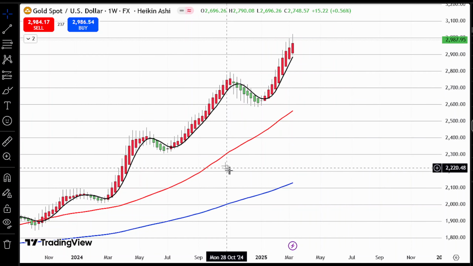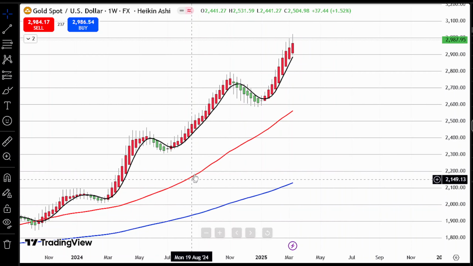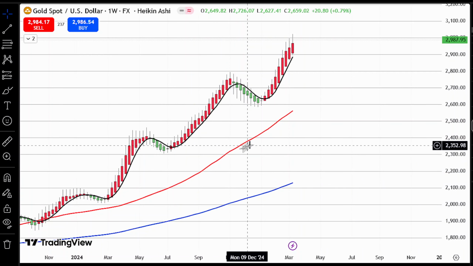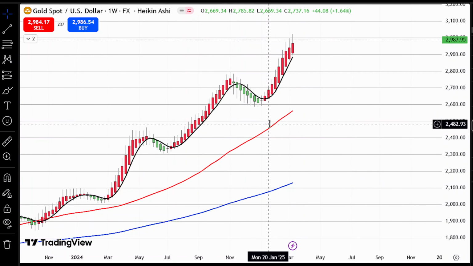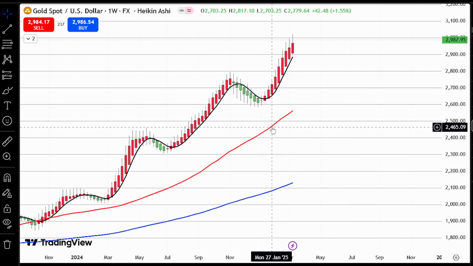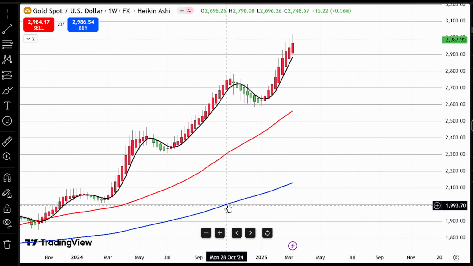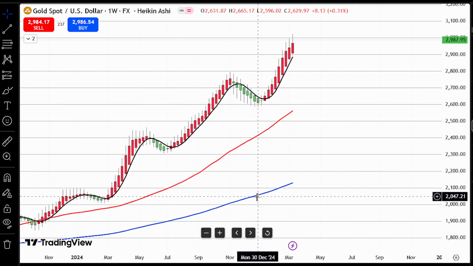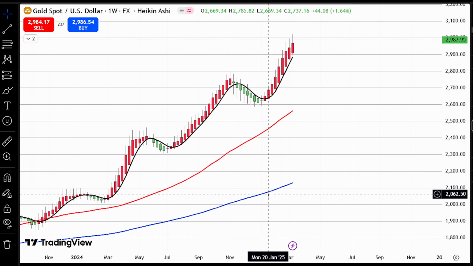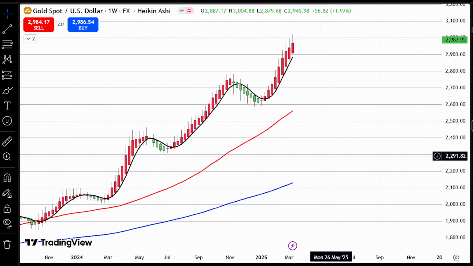Right now you can see that I have put another line here. This is a 100-day simple moving average. This one, the blue line, is a 200-day exponential moving average. These are two different kinds of moving averages.